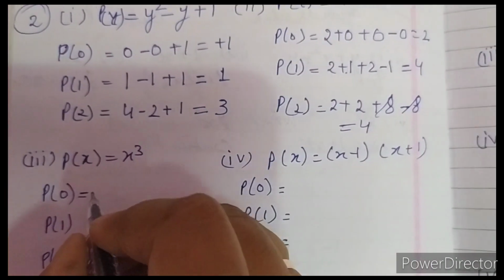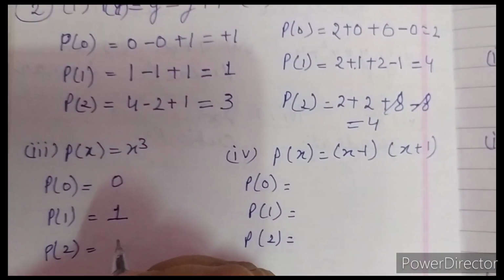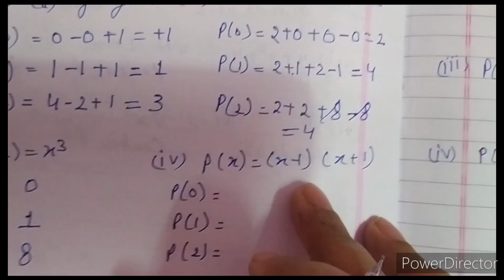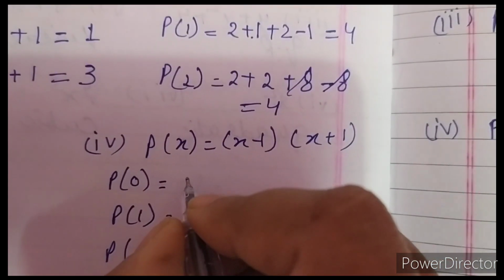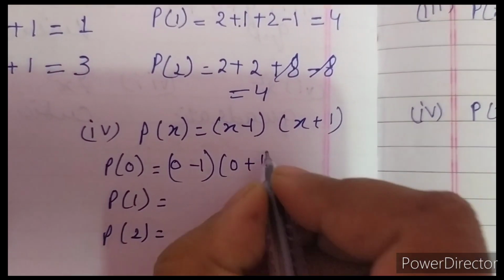x cube, if the value of x is 0, then it will be 0. Value of x is 1, answer will be 1. If the value is 2, 2 to the 4 and 4 twos are 8. In this case, if the value of x is 0, you will get 0 minus 1 and 0 plus 1.